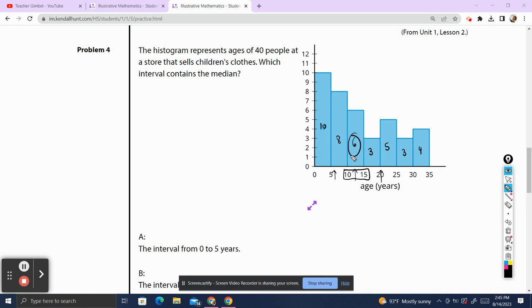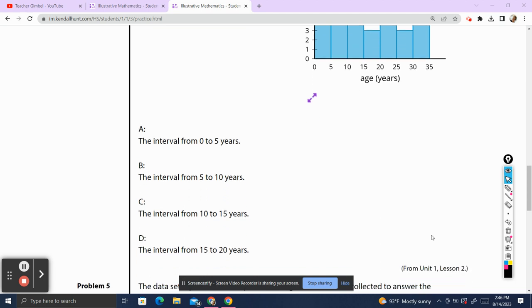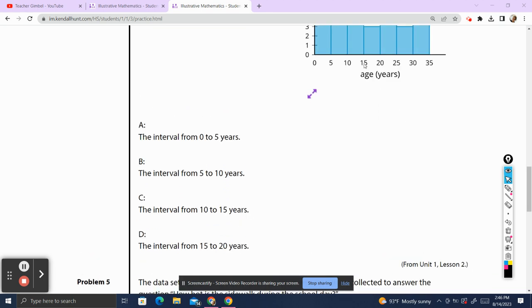And if we calculate to the exact middle value, it would end up being one of the people in here, which is between 10 and 15. Again, as always, feel free to pause and go back to try to make sense of what I did. So we had between 10 and 15. Our answer over here would be C. And that's a pretty tricky question. So if you need to look at it again, I definitely would go back and look at it.